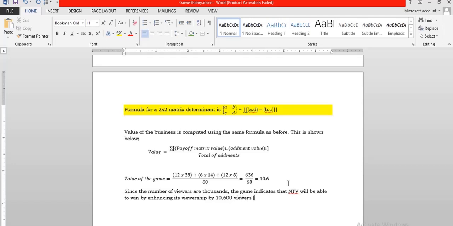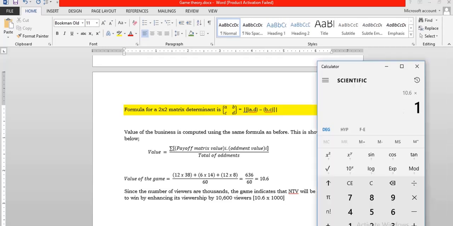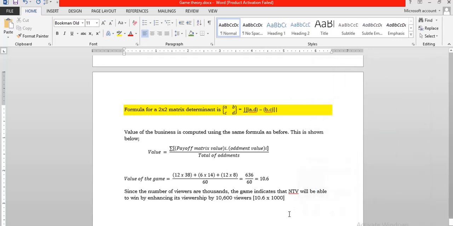This is the same as saying 10.6 times 1,000. If you use the calculator, it gives 10,600. So this is how we conclude.